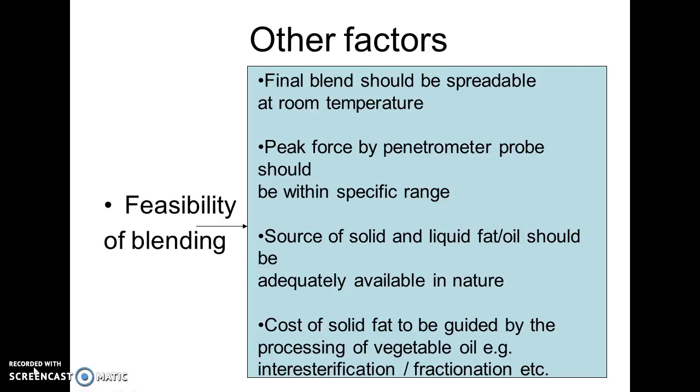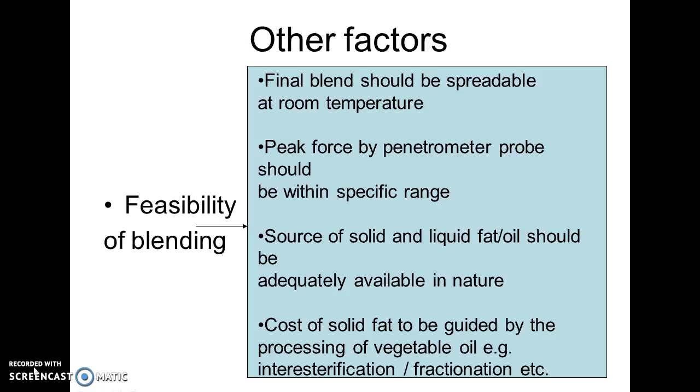The blending operation of this solid fat and the liquid oil must conform to certain feasibility. That is, we cannot just blend two solid fatty phases or two liquid phases or any kind of solid or liquid phase. Before blending, it should be ensured that the final blend should be spreadable at room temperature.